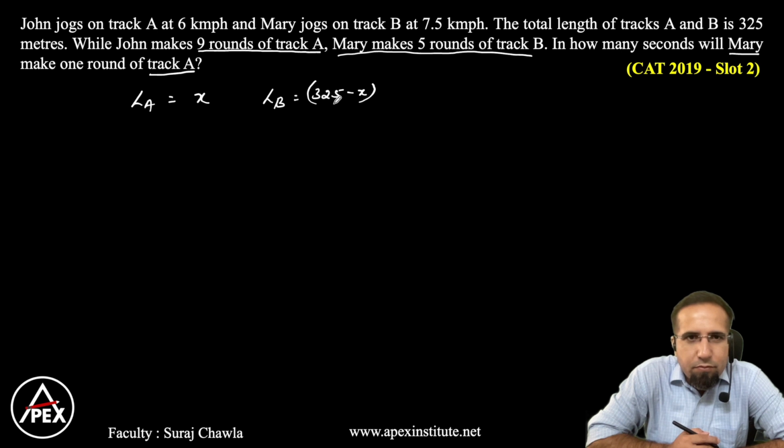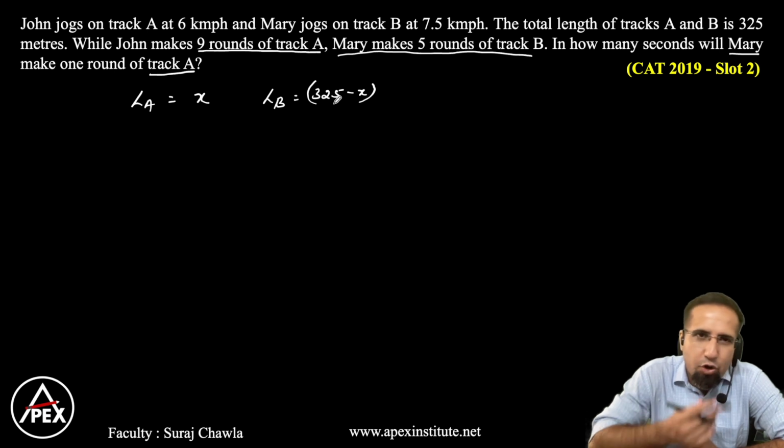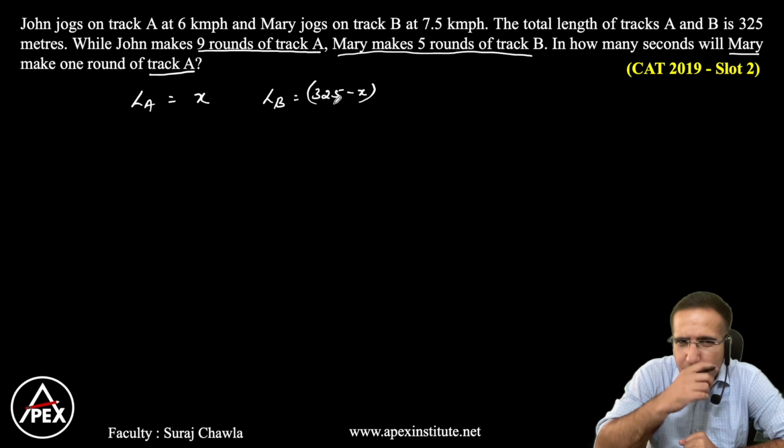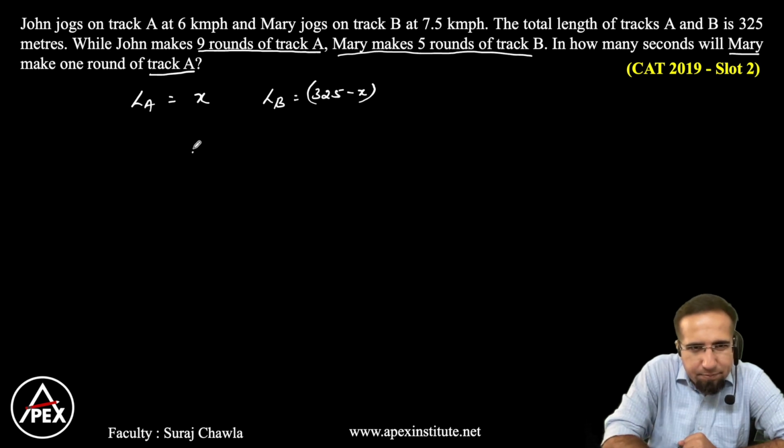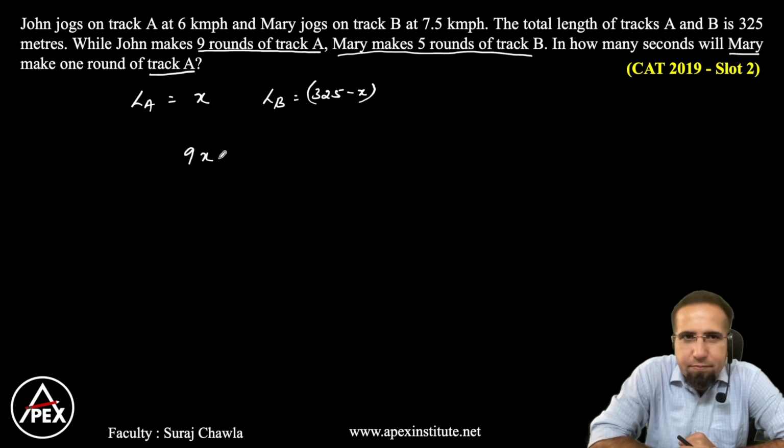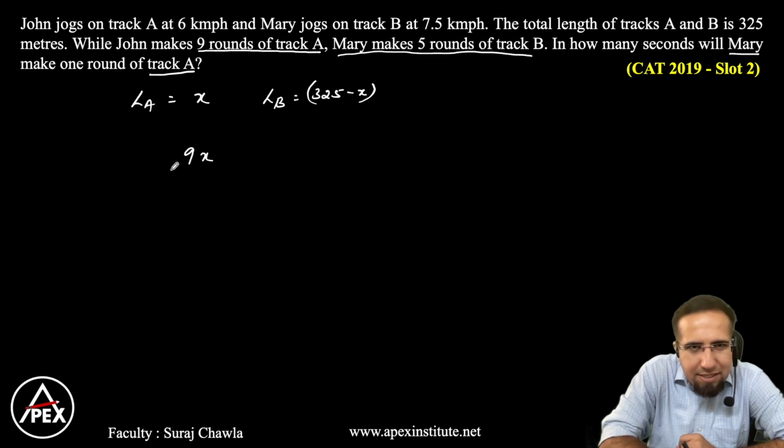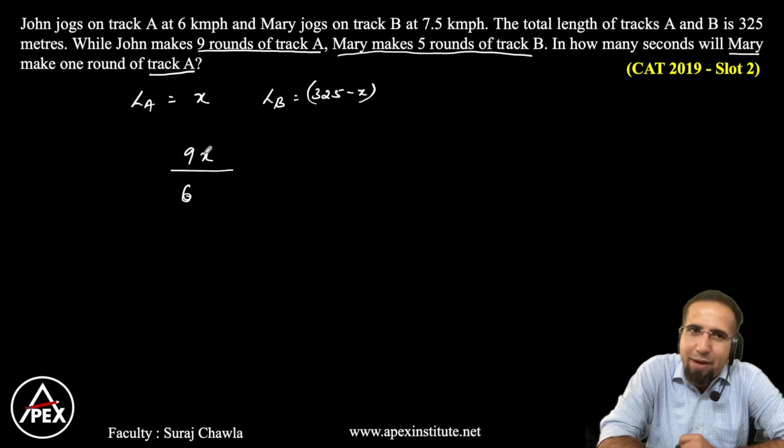Now the time in which John covers 9 rounds of track A. So what is the total distance? The total distance is 9 into x. Clear? Divided by 6 kilometers an hour becomes the time taken, distance by speed. 6 can be written as 6 into 5 by 18.